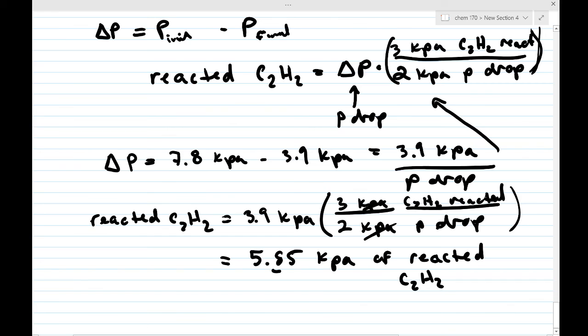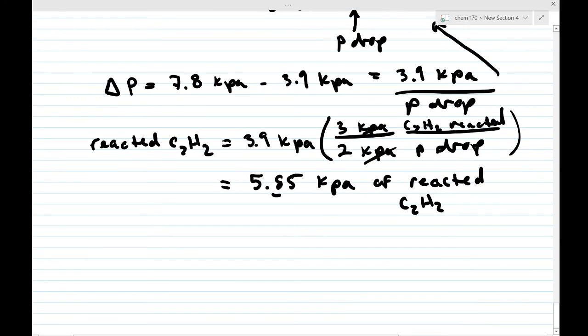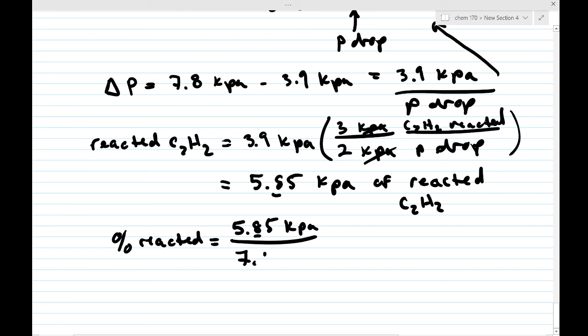So 5.85 kilopascals of the initial 7.8 kilopascals of C2H2 has reacted, but we're asked to find the percentage. So percent reacted is simply 5.85 kilopascals divided by the initial amount, 7.8 kilopascals, multiplied by 100%.